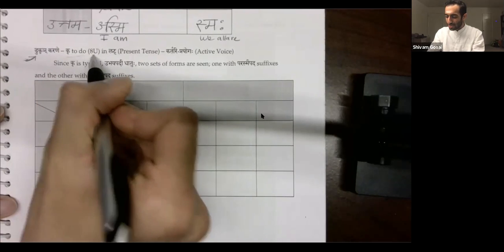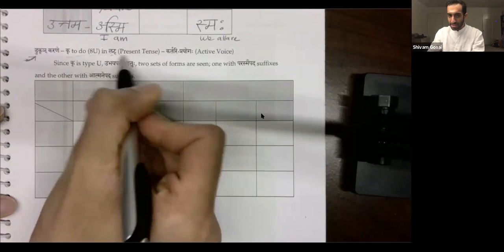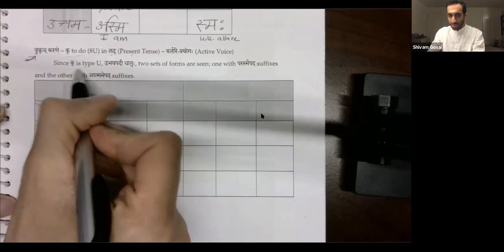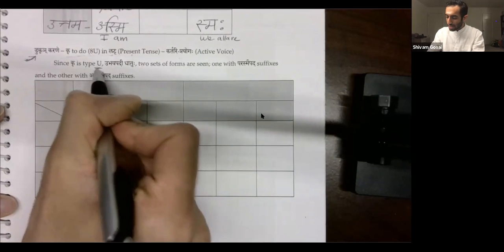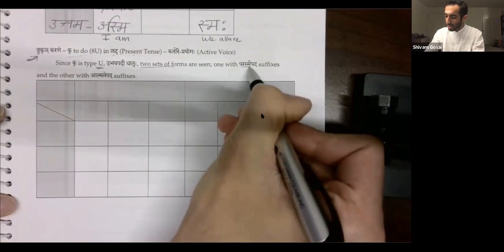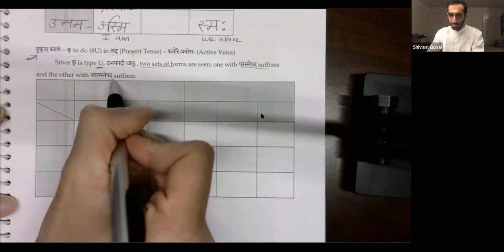Kridatu, to do, 8u in lat, present tense, active voice, kartari prayoga. Since kru is type u, ubhayapadi, that means there are two forms, one with parasmaipada and the other with atmanepada.